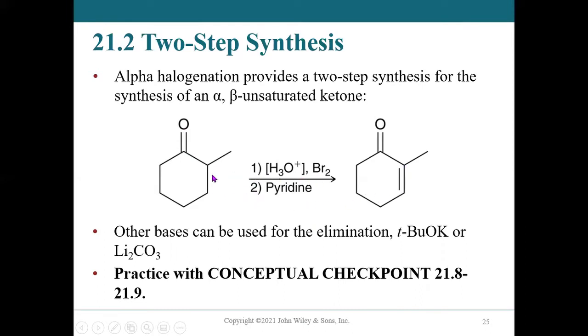The first step is halogenation using acidic condition Br2 to put a Br at this position, then use a base to carry out the elimination reaction to produce another double bond. Other bases can be used for the elimination. In this example it is pyridine. Other bases can be potassium t-butoxide, or even lithium carbonate.